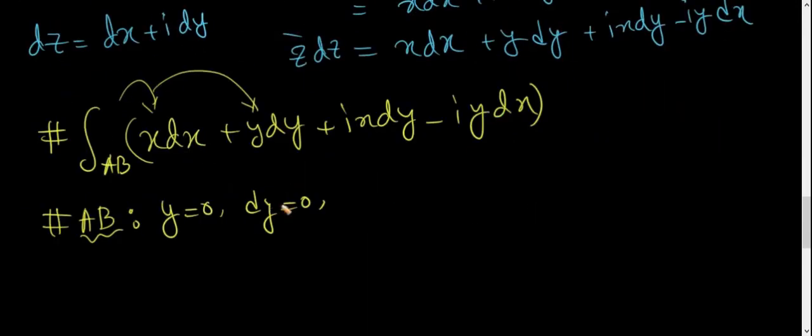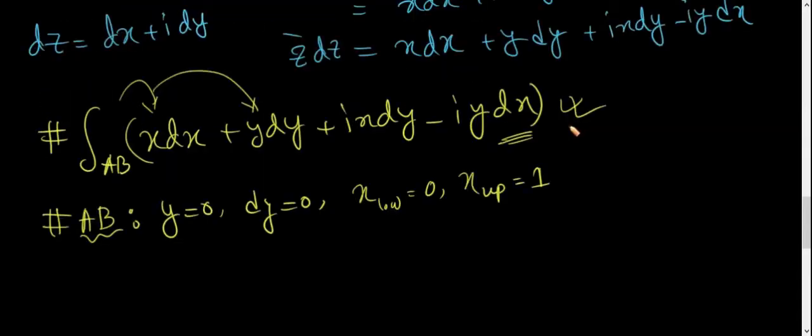So the lower limit will be 0 and the upper limit will be 1. Now using all this information we can evaluate this integral. So let's try to do that.